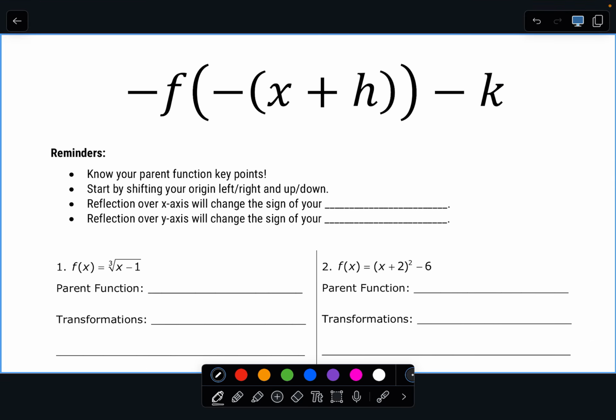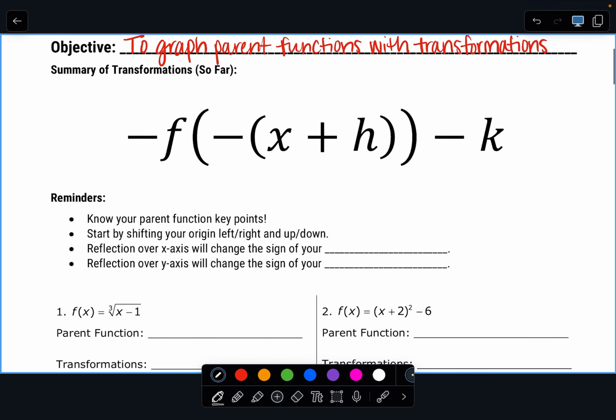This is what it would look like if all of the transformations were applied to any function. To kind of show you what they could all look like. First, you could potentially have a reflection over the x-axis. So if you have a negative at the very, very front, that is a reflection over the x-axis.